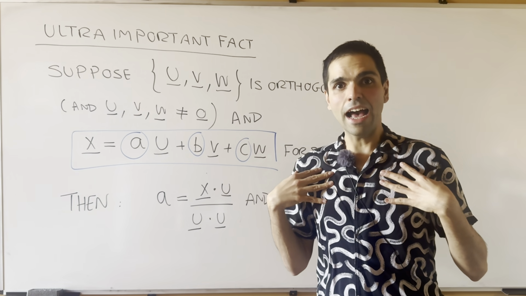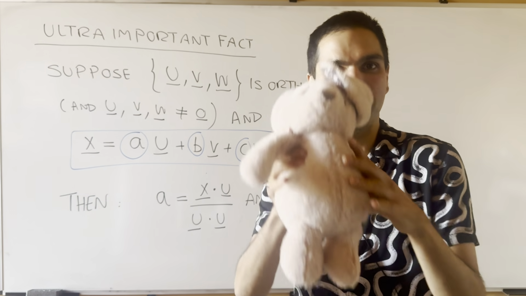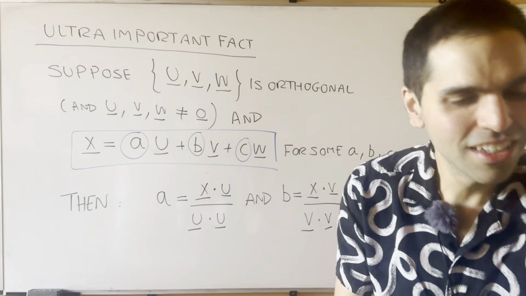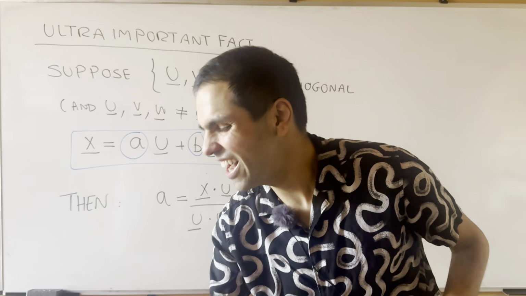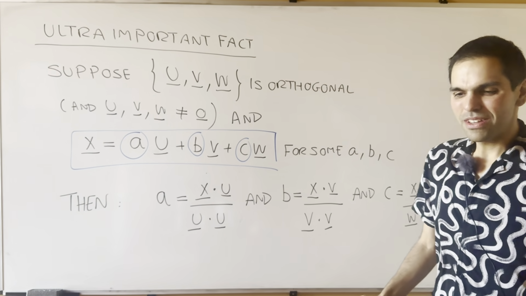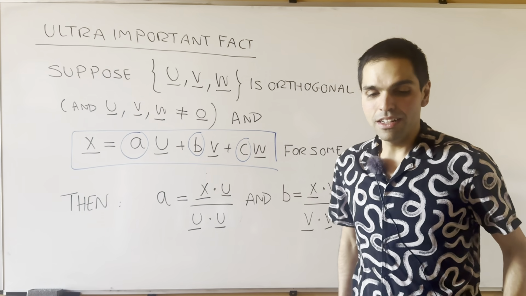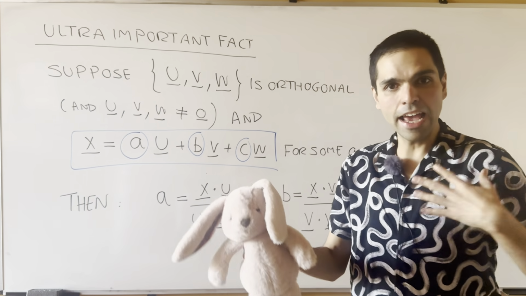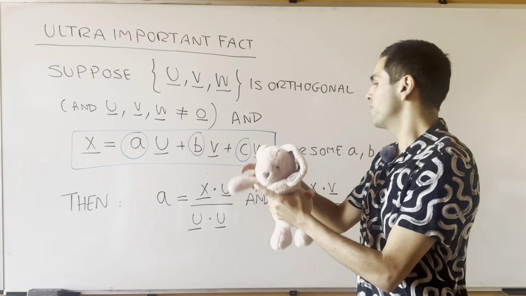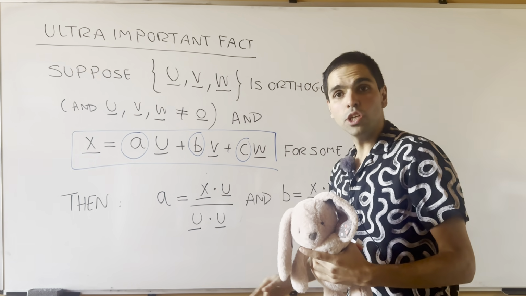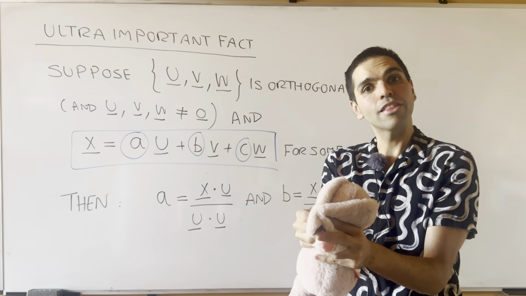So suppose I am x, and those are the vectors u, v, and w. So this is u, this is v, this is w. Don't ask me why I have all those plush toys. But suppose I am very happy and I hug everyone. So what I do is I am x and I hug you. So x started with u, and then u is so happy it hugs itself. u dotted with u.